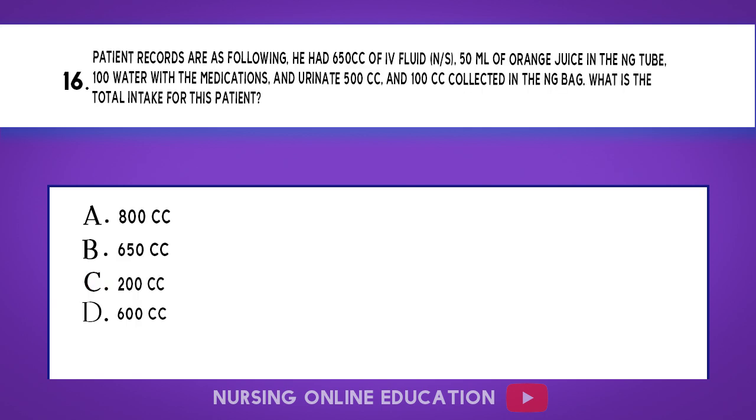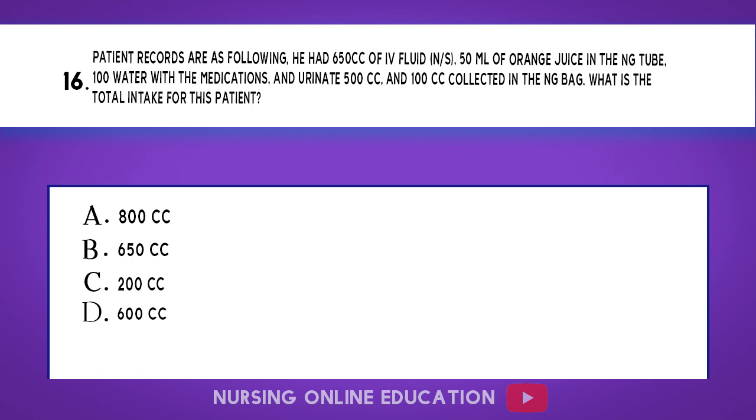16. Patient records are as follows. He had 650 cubic centimeters of IV fluid, N/S, 50 milliliters of orange juice in the NG tube, 100 water with the medications, and urinated 500 cubic centimeters, and 100 cubic centimeters collected in the NG bag. What is the total intake for this patient? A. 800 cubic centimeters.